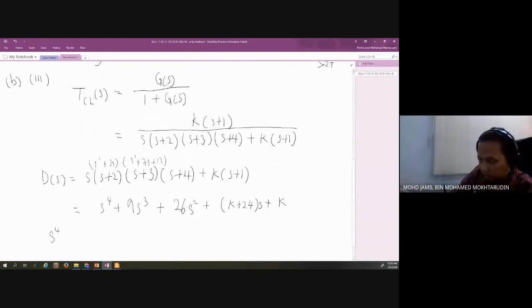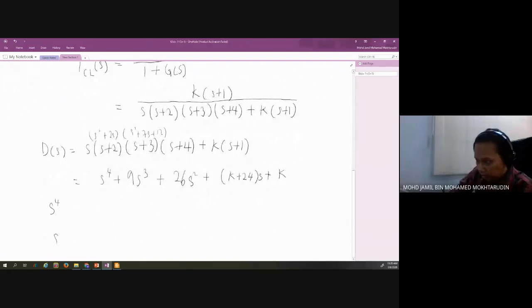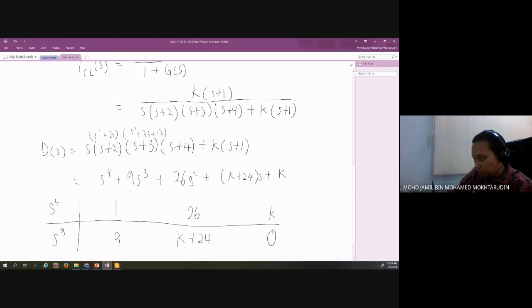You can start with s4 followed by s cubed. So here 1, 9, 26, K plus 24, K, 0.